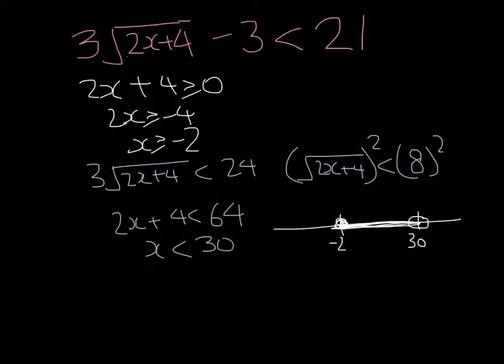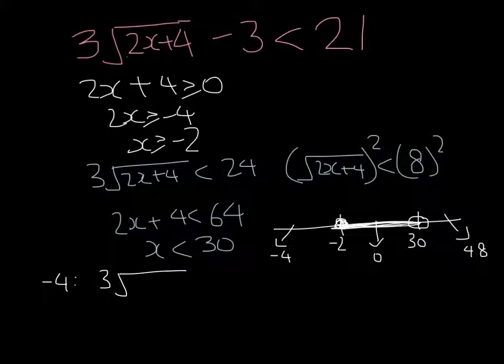Now I'm going to choose some numbers to plug in. So in the first interval, I'll choose -4 to plug in. In the second, I'll choose 0. And in the third, I'll choose 48. So if I plug in -4, then I end up with 3 times the square root of -8 plus 4 minus 3.